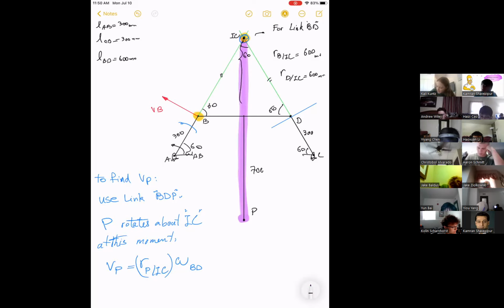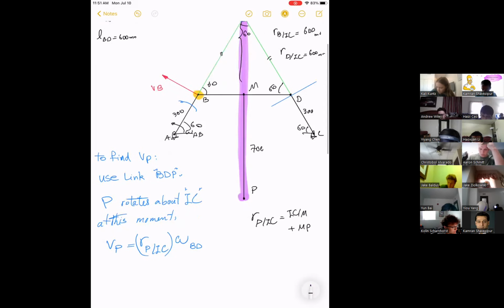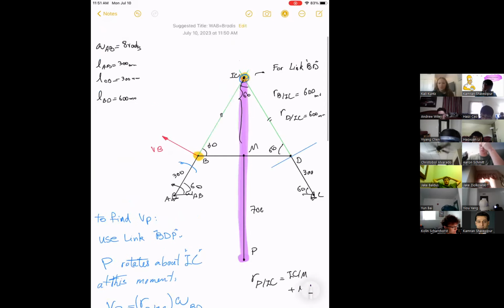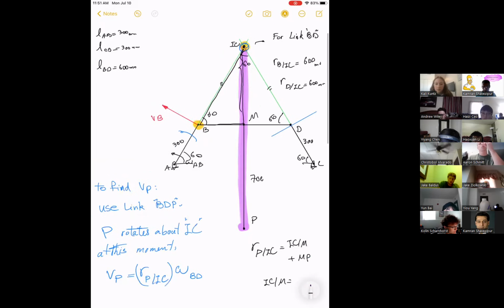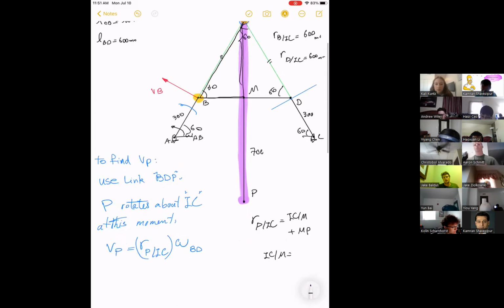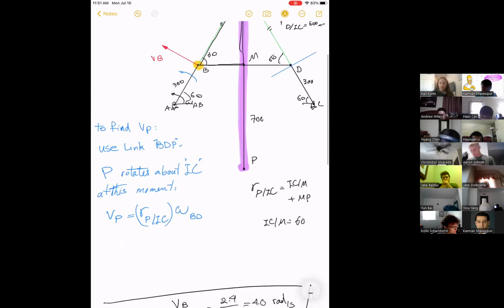Let's call this point M. So R_P/IC is ICM plus MP. ICM, if you look at this triangle, is going to be 600 sine 60.